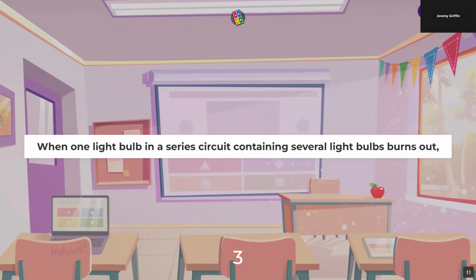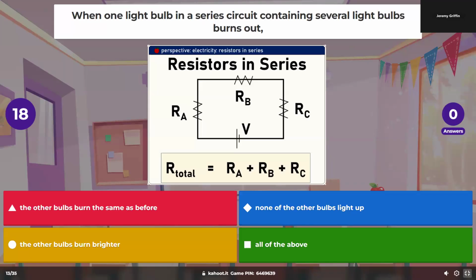When one bulb in a series circuit burns out, what happens to the other bulbs?